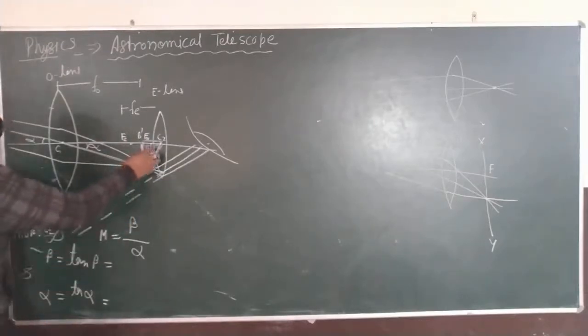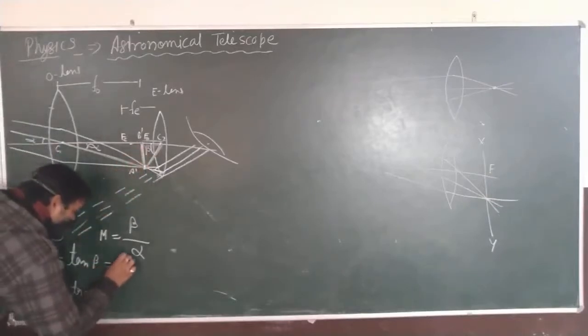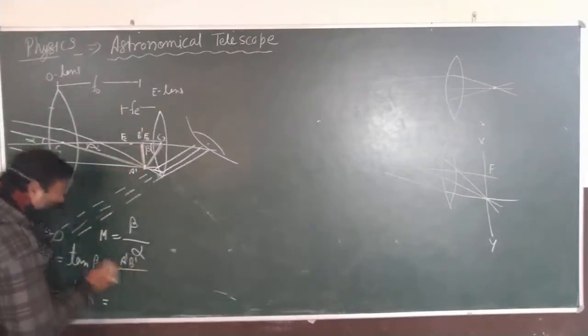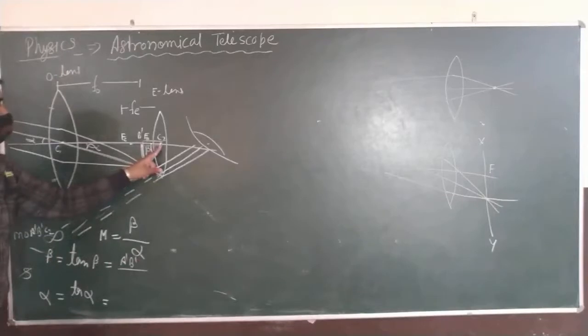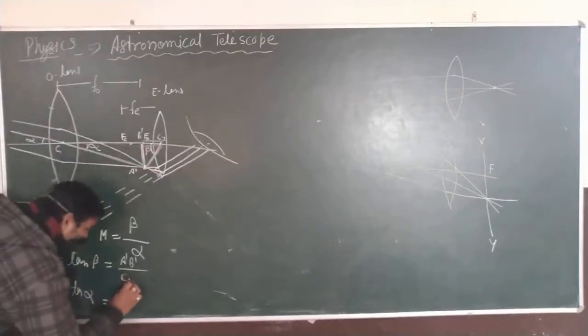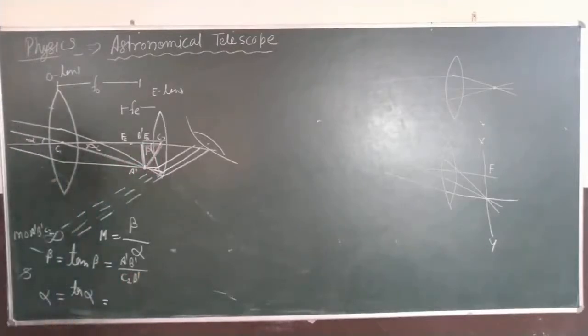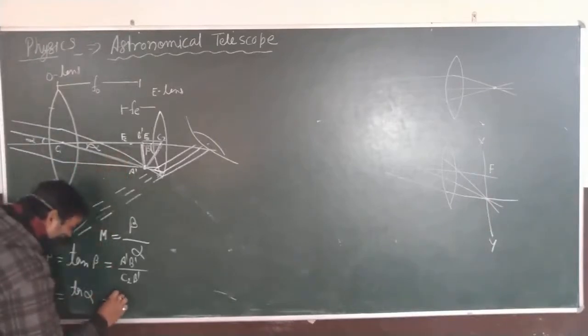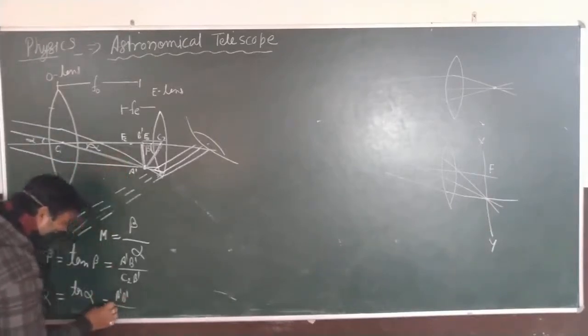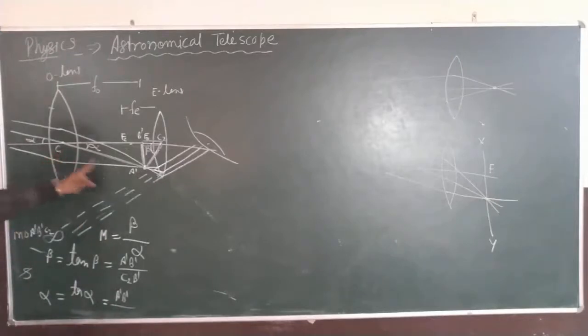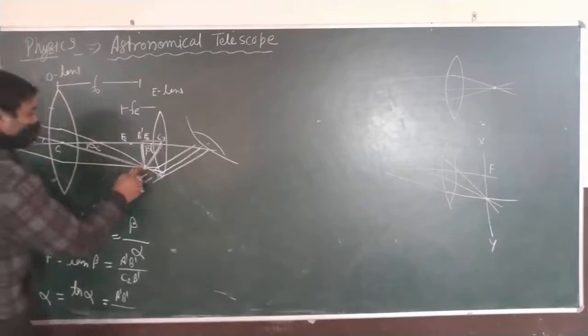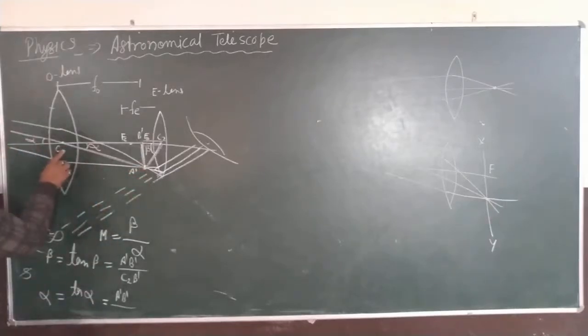What you get from here? So perpendicular A dash B dash upon this C2 B dash, okay, and tan alpha is A dash B dash upon C1 B dash.